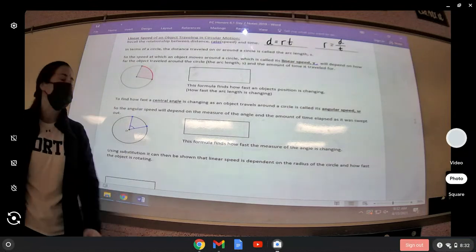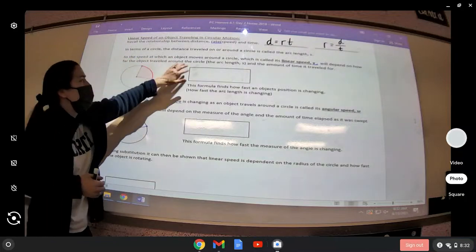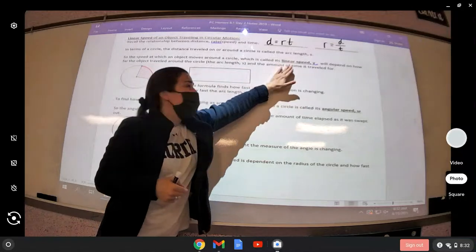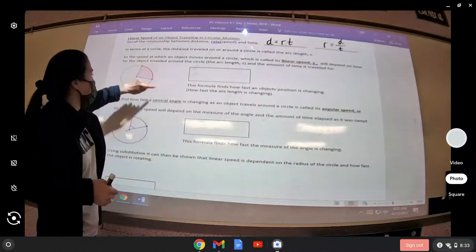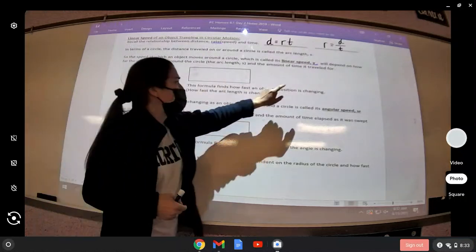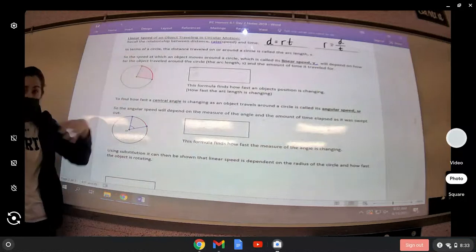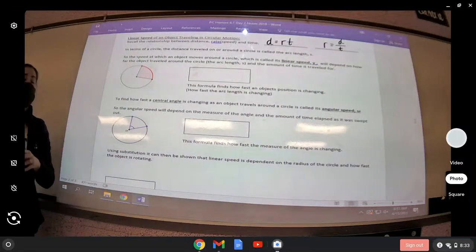So distance is S. The speed at which an object moves around the circle is called its linear speed, and we use V to denote it. It will depend on how far the object traveled, S, the arc length, and the amount of time it traveled for.